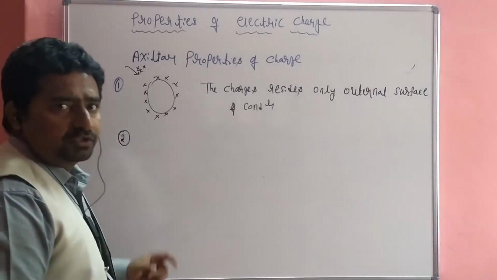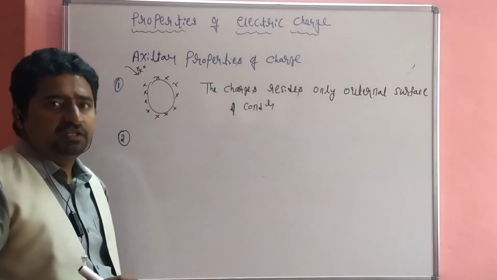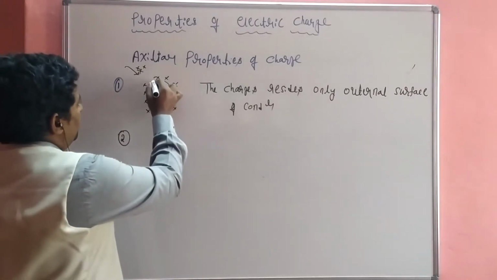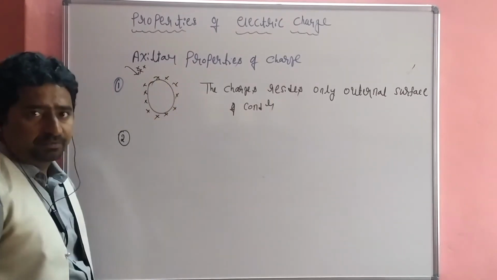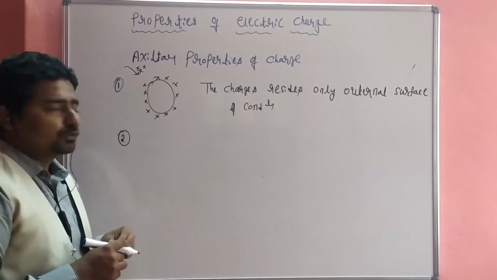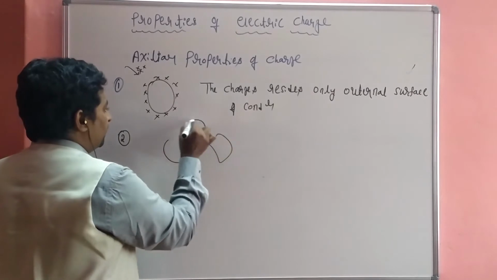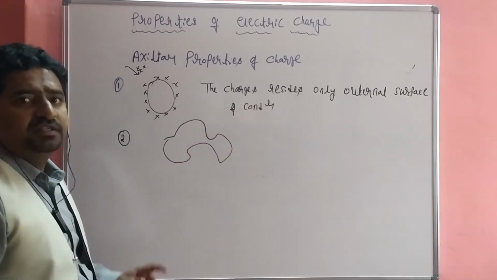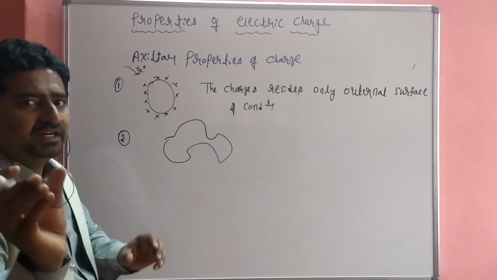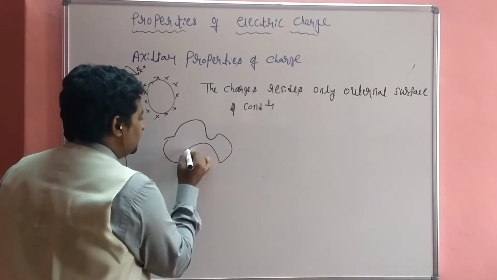The distribution of the charges on the conductor depends upon the radius of the surface of the conductor. If the radius is uniform, it is a uniform shape, so the charges are distributed uniformly. In an irregular shape of the body, the charges are more where the curvature is less.